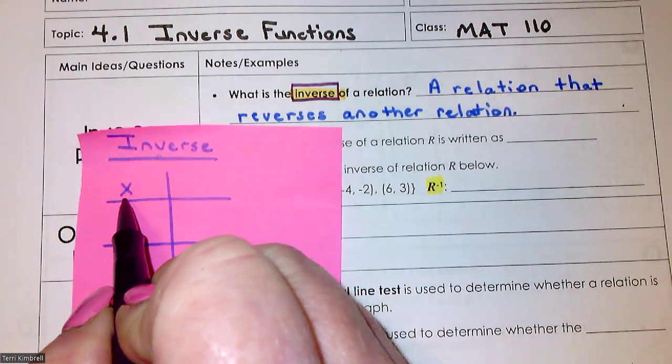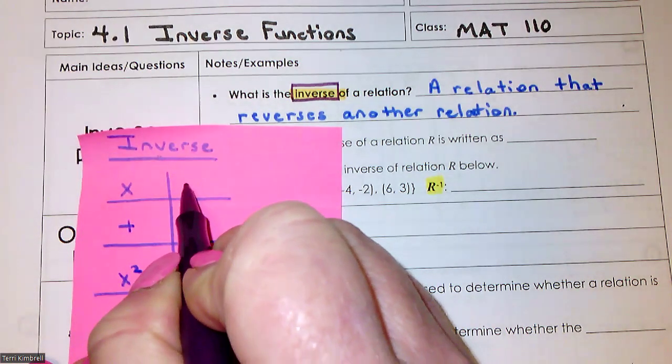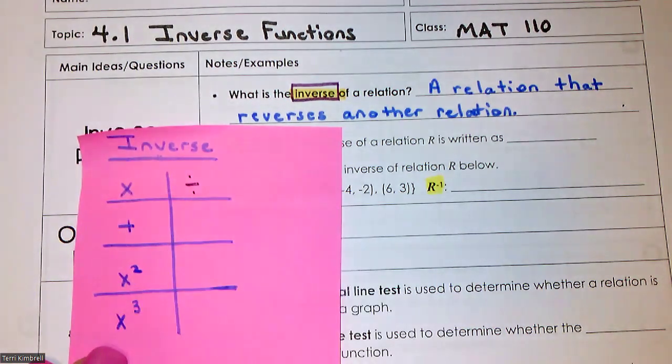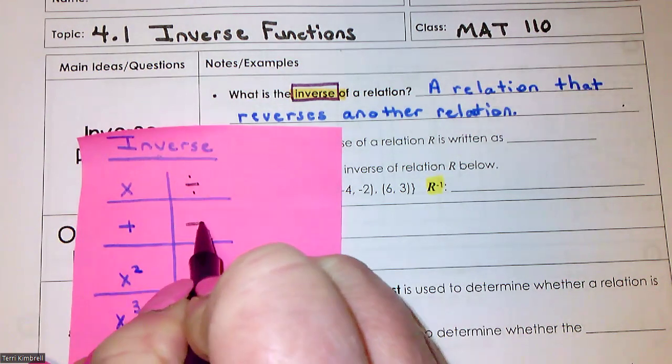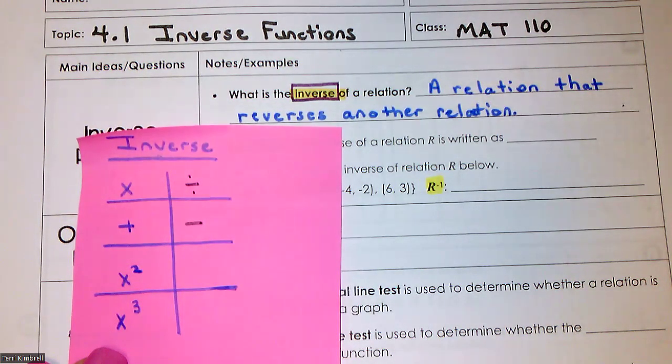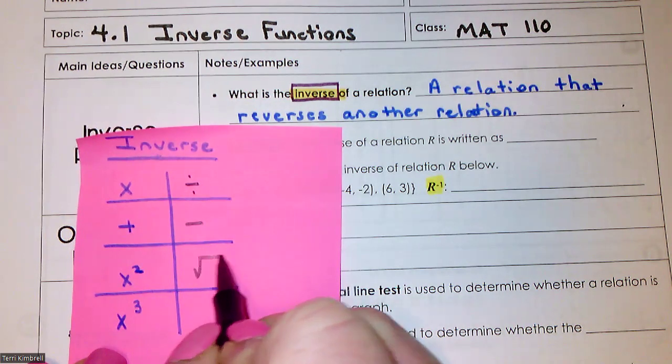So the opposite of multiply is divide. Probably be helpful if you make this chart with me. The opposite of add is subtract. The opposite of squaring a function is taking the square root.